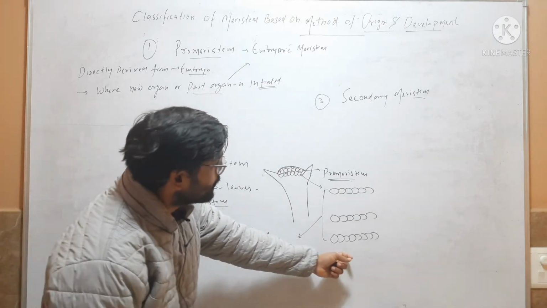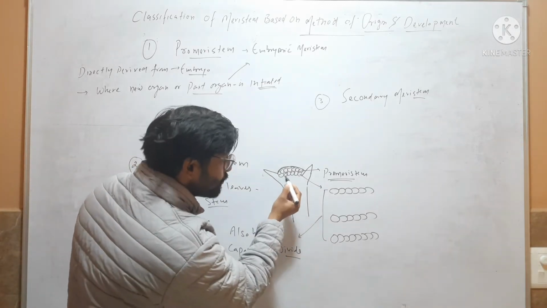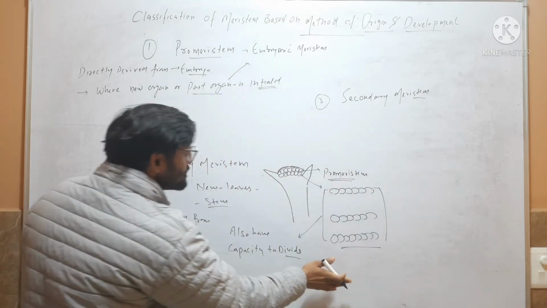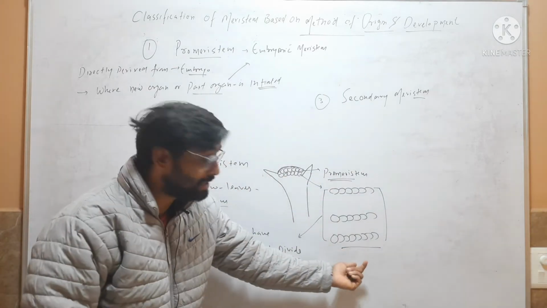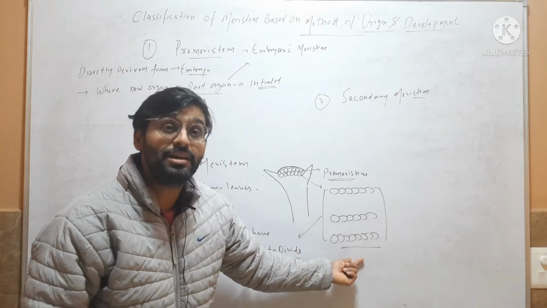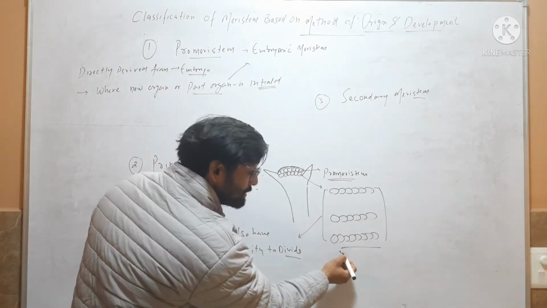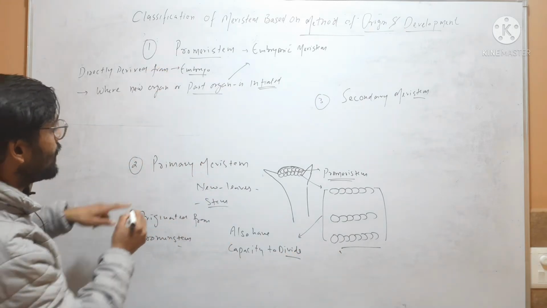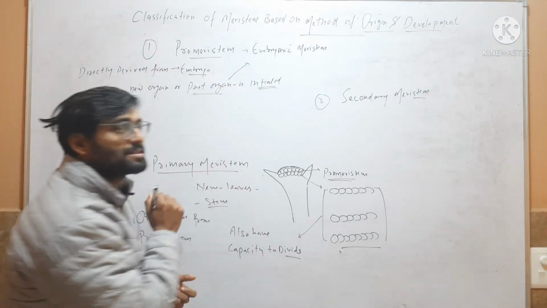So these type of cells will also be called meristem because they can divide. A group of cells which originated from promeristem is called primary meristem.